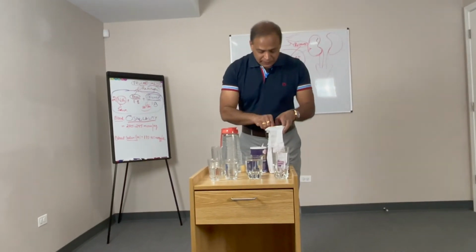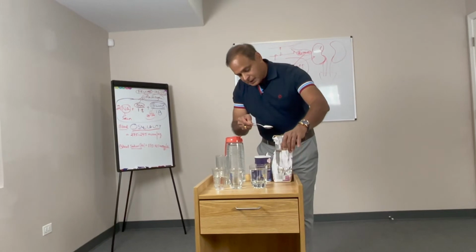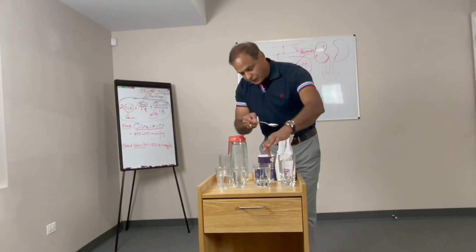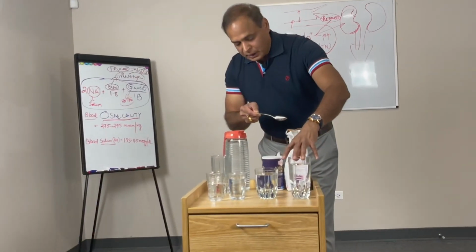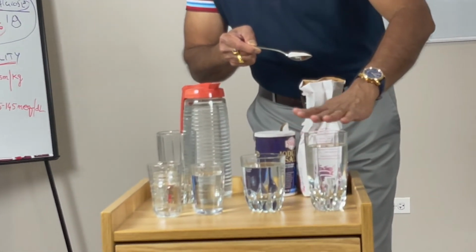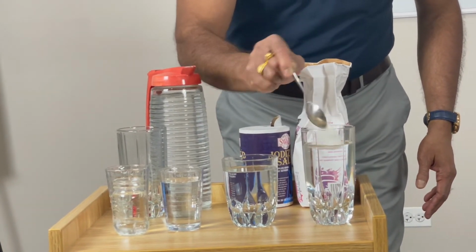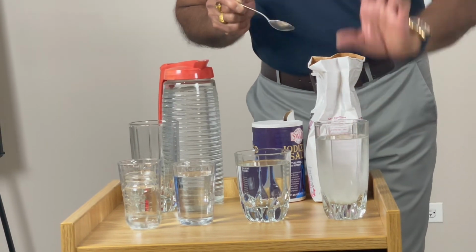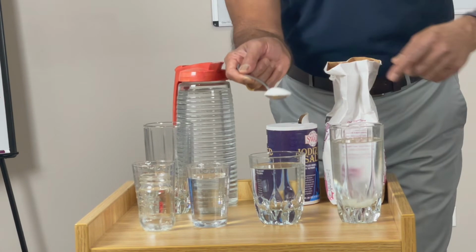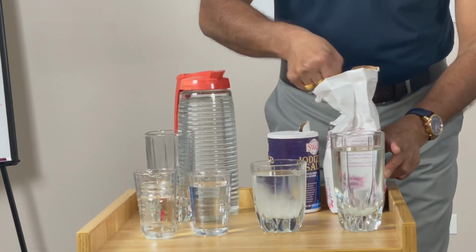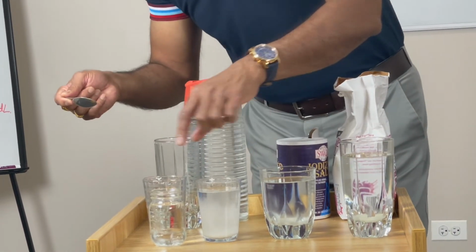So this is sugar, and I am taking about 8 ounces or 10 ounces. These are different sizes of volume of liquid. Now imagine that this is blood, and I am putting 5 grams of sugar in a set volume, versus 5 grams of sugar in a lesser volume, versus 5 grams in a much lesser volume, which is even smaller.